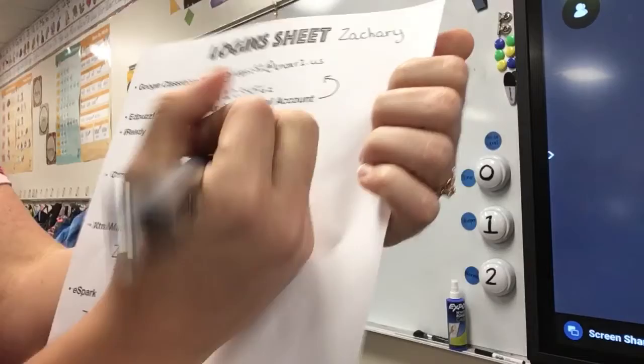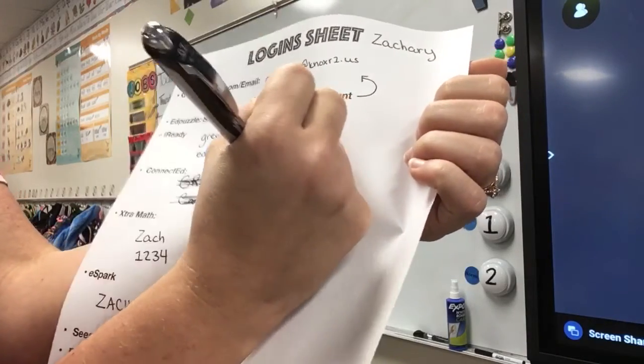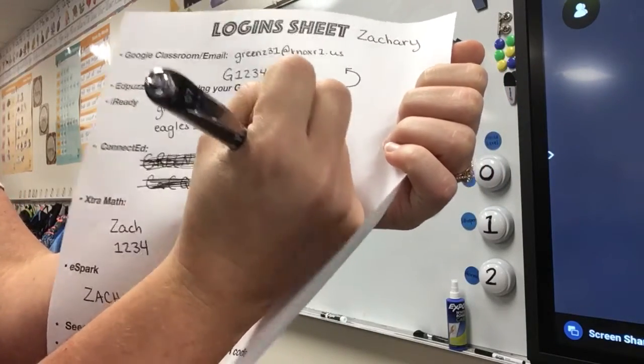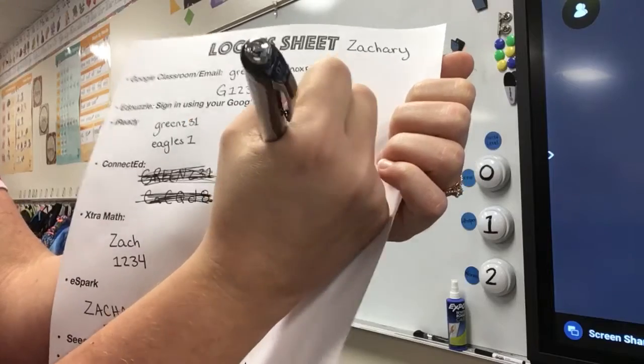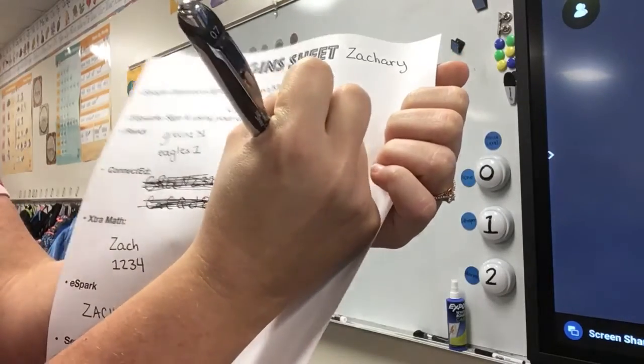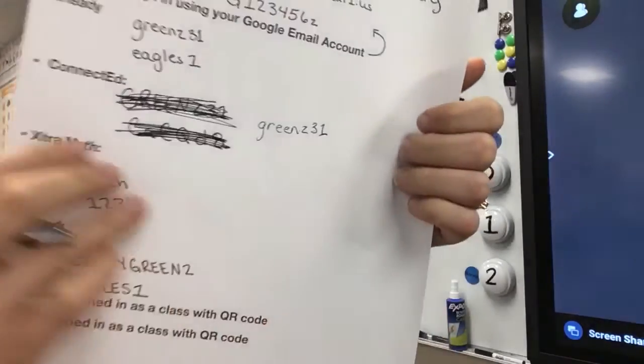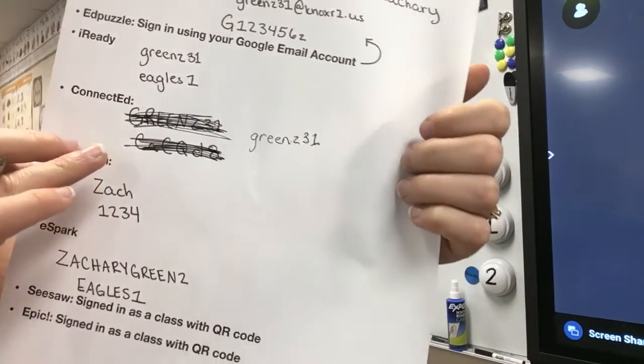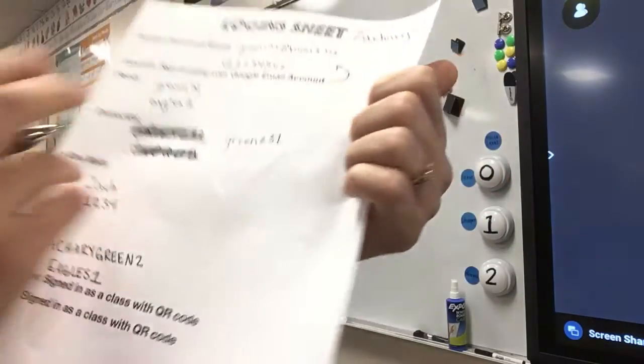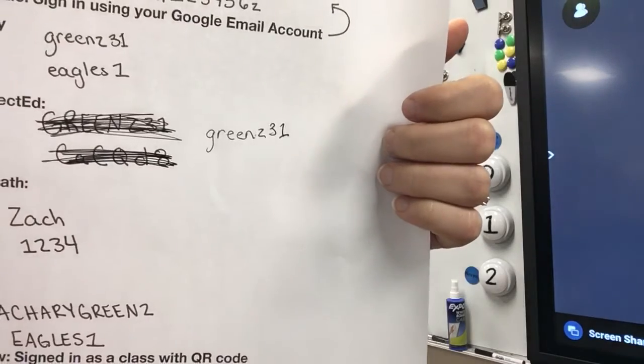Now, you're going to do lowercase green Z31. That is your username. You can pause it if you need to catch up.